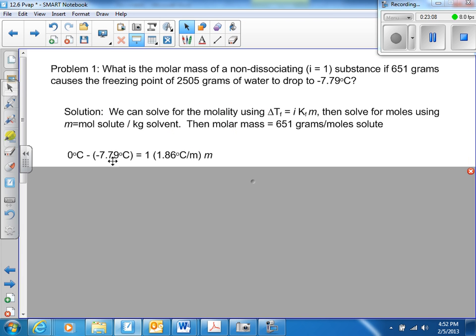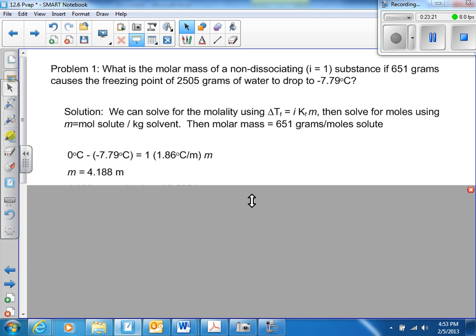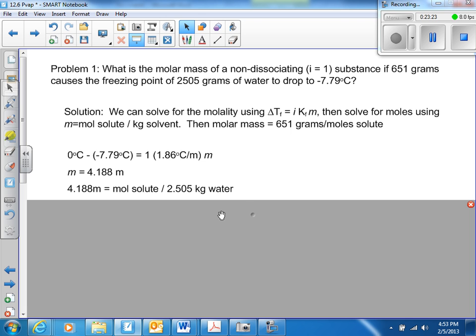Okay, so here's the new freezing point. i was 1, they told us that. Here's the freezing point depression constant we just looked up. And molality is what we're going to look for because we need to find the moles in order to find molar mass. Solve for molality, and now we have our equation. Molality is moles solute per kilogram of solvent. Here's our solvent right here.